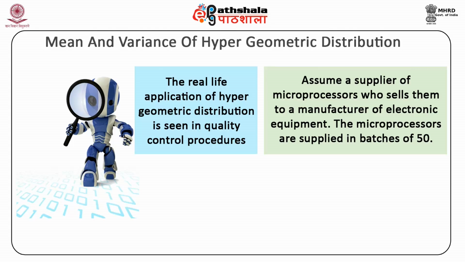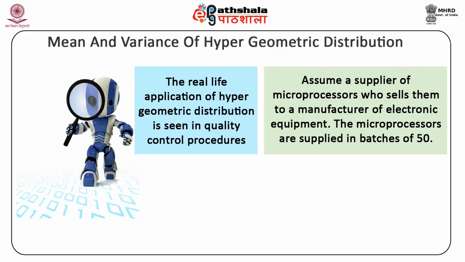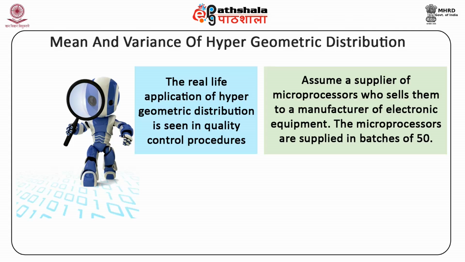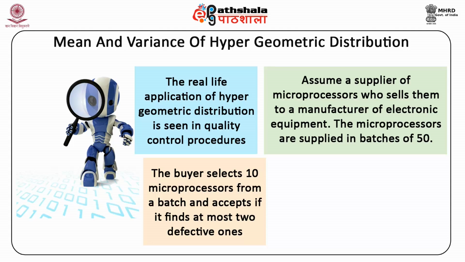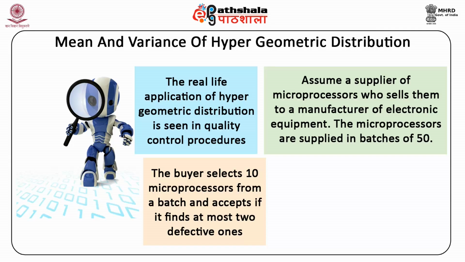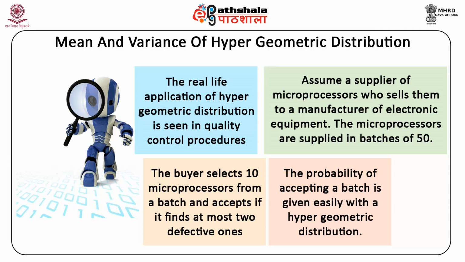It is expensive and time-consuming to check all 50 microprocessors in the batch, which requires some quality control procedure. The buyer selects 10 microprocessors from a batch and accepts it if it finds at most 2 defective ones. The probability of accepting a batch is given easily with a hypergeometric distribution.